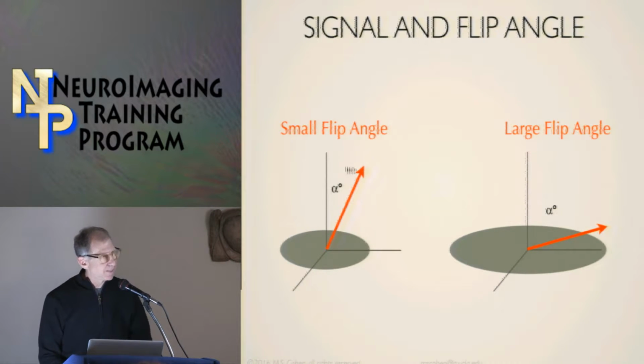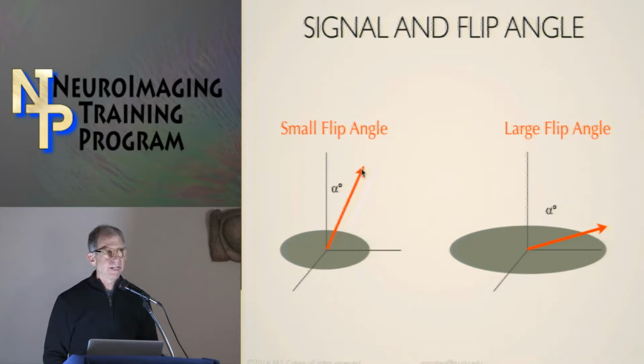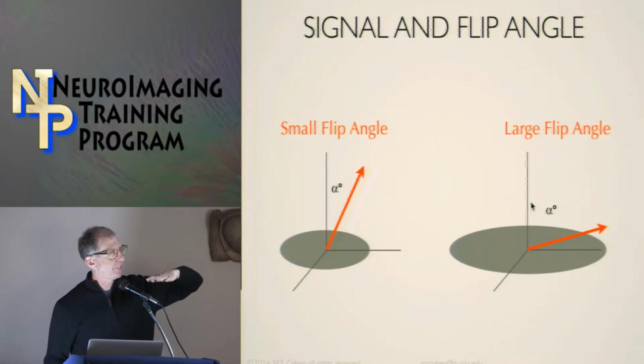If you flip the spins by 30 degrees, that is a third of the way, you get half of the signal, because the sine of 30 is a half, whereas the sine of 90 is 1, right? So from simple geometry, you can see that a small flip angle produces a disproportionately large signal compared to the amount of rotation the spins have made.